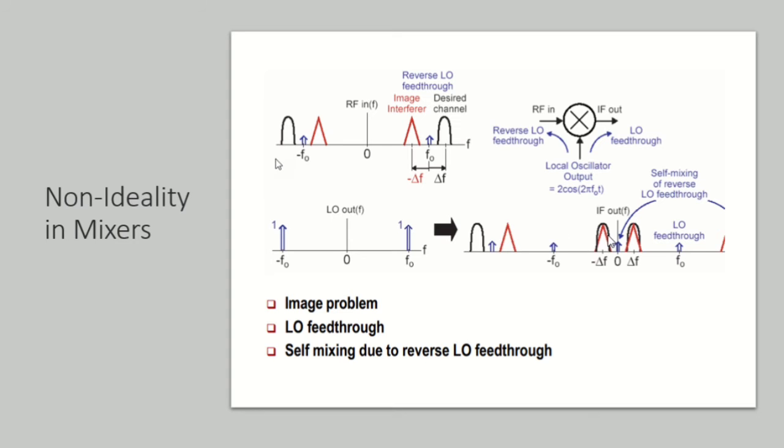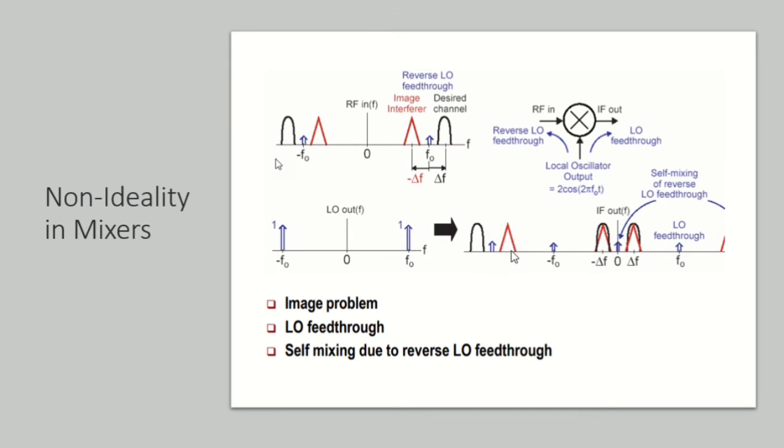So daripada situ, if you look at this, dia akan berlaku self mixing. Maknanya dekat output ni dia akan berlaku di mana self mixing, di mana image interferer ni daripada LO feedback ni mix together with the signal yang kita nak.